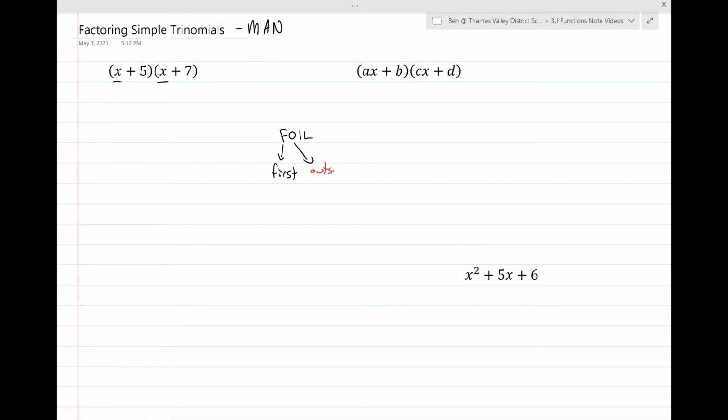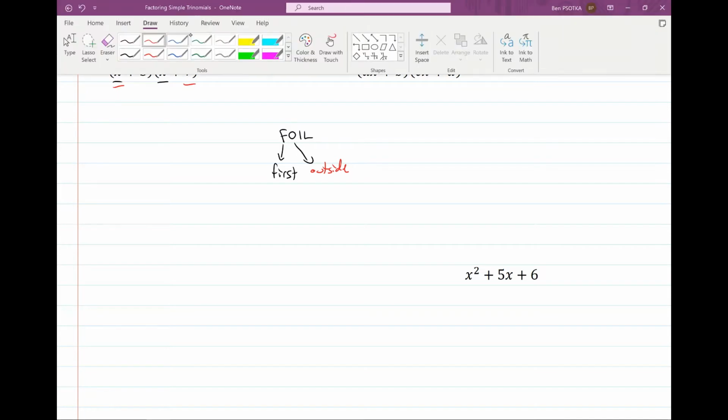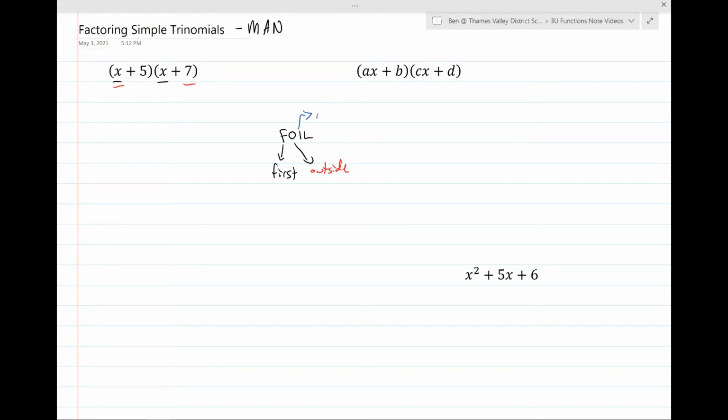The outside two terms, that would be the x and the 7, and then the I stands for the inside two terms, nice and straightforward. Inside two terms, that would be the 5 and the x, and lastly we look at the last two terms. That would be the 5 and the 7.